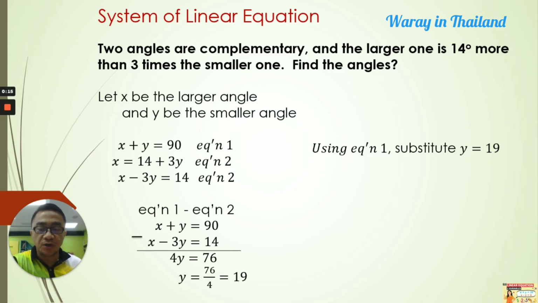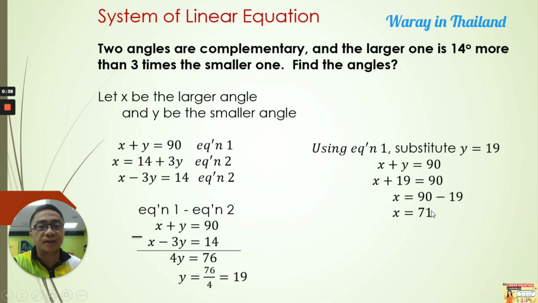From equation 1, x plus y equals 90, and we substitute y: x plus 19 equals 90. We transpose 19 to the right side, it becomes minus 19, and 90 minus 19, therefore x is equal to 71.